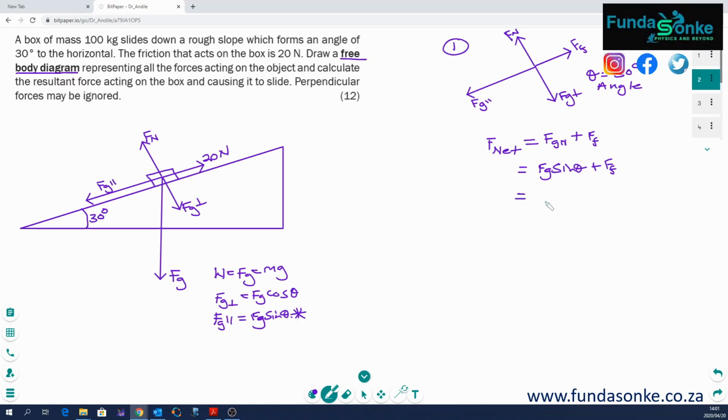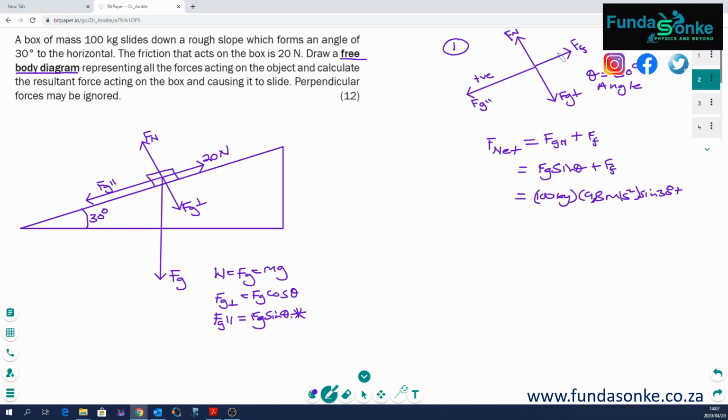Then this will be equal to our gravitational force, which is 100 kg multiplied by our acceleration due to gravity, 9.8 meters per second squared, sine 30 degrees, plus, in this case, we're going to take the direction of motion as the positive direction.